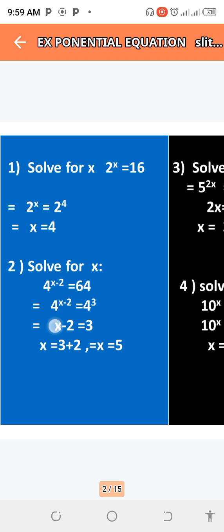4 being the base, cancel the 4, and we are now left with x minus 2 is equal to 3.